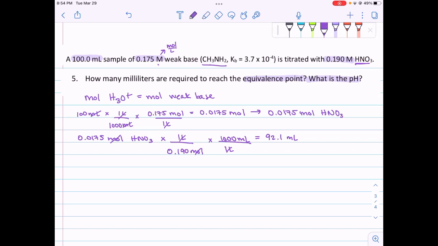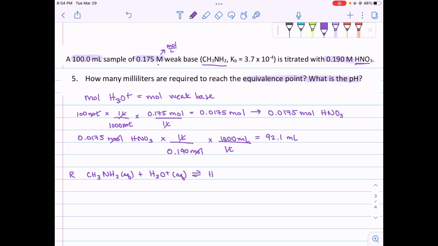So let's go ahead and start with our first reaction here. Our first reaction that's occurring is we have this weak base. We'll go ahead and write it all out. CH3NH2, which is aqueous, plus strong acid. We're going to go ahead and call our strong acid H3O+. That way we don't have to deal with any spectator ions.